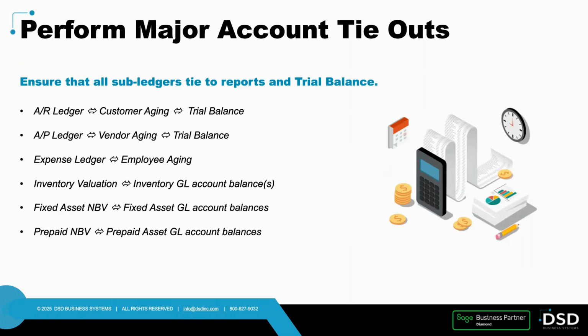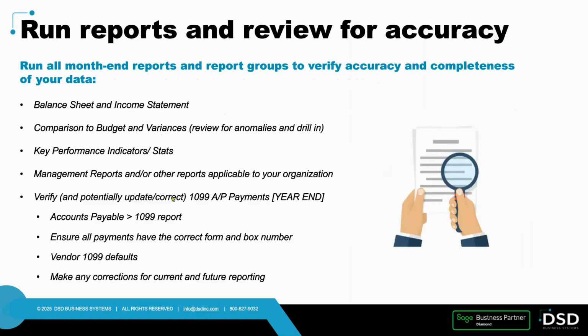Then you pretty much just want to confirm that the inventory valuation matches your inventory GL account balances. These are all reports that are in the system as well. Then align the net book value with the fixed assets, and lastly the prepaid net book value to the prepaid GL accounts.